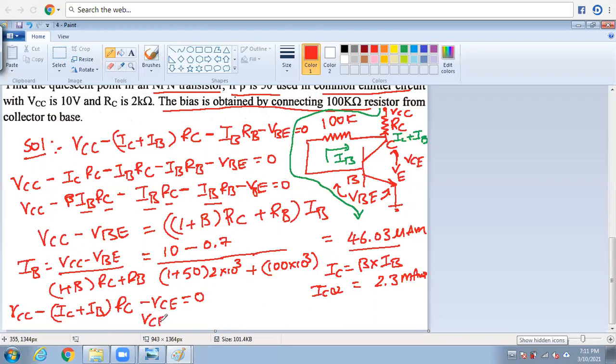At final, VCEQ equal to VCC minus IC plus IB into RC. Substitute all the IC, IB and RC values. We will get 5.3 volts for the VCEQ.